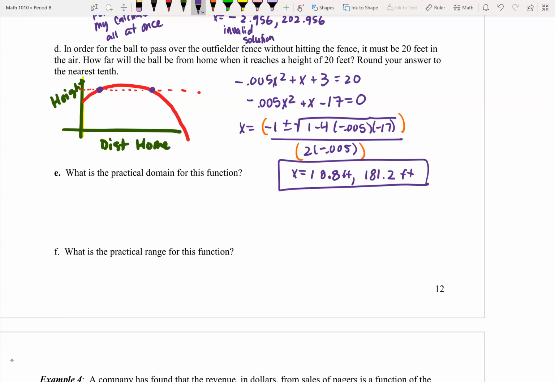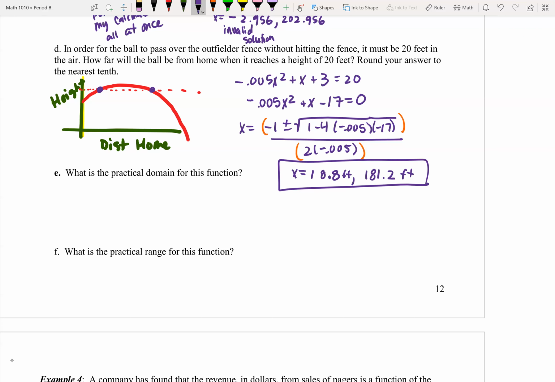Grab your calculator. Parenthesis. Negative 1 plus the square root of 1 squared minus 4 parenthesis, negative 0.005 close parenthesis, new parenthesis, negative 17. How many closes do you need right there? 3. Close, close, close.